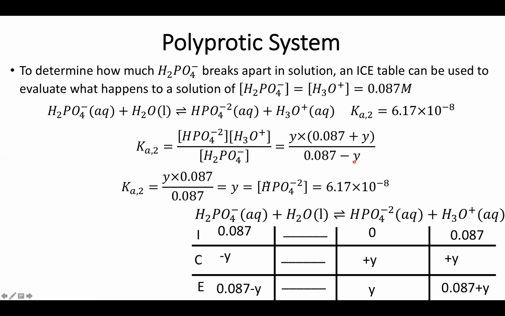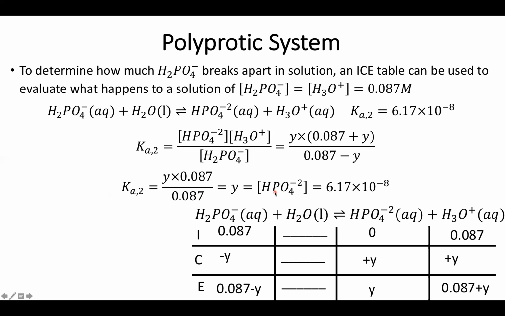So we're going to go ahead and truncate this as our Y times 0.087 divided by 0.087. Yep, it turns out those two terms will annihilate. So our Y, which as a reminder is our monohydrogen phosphate concentration, will actually just be equal to our second Ka, because the amounts of dihydrogen phosphate and free protons end up canceling each other.